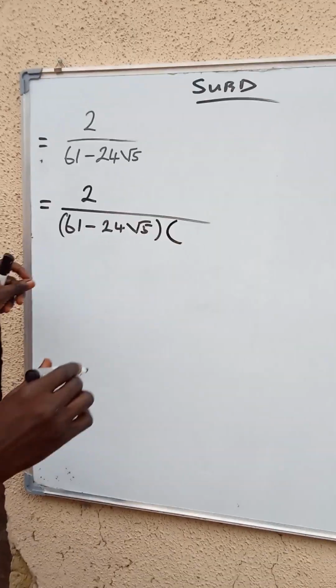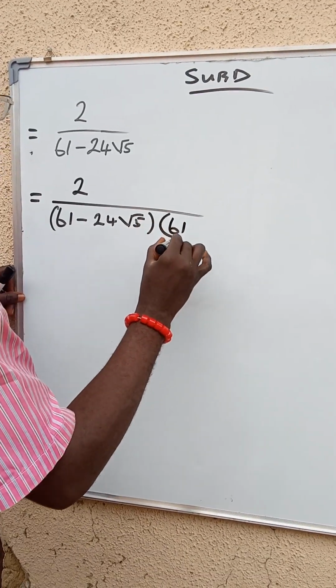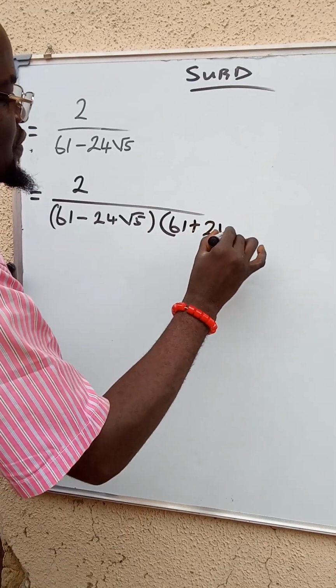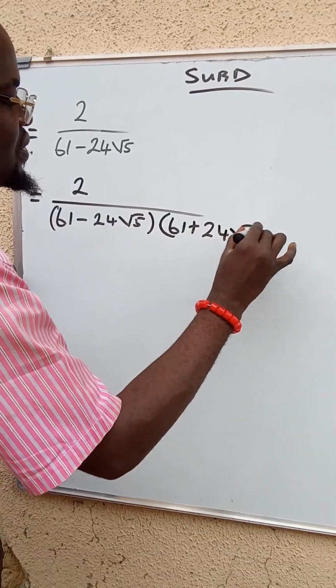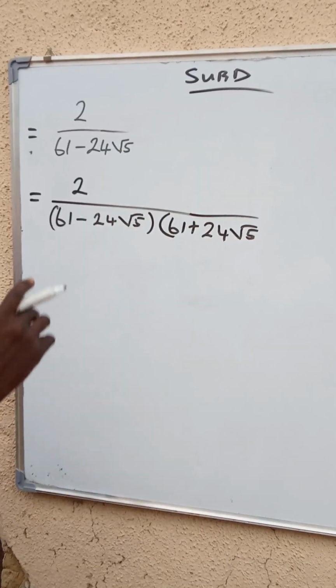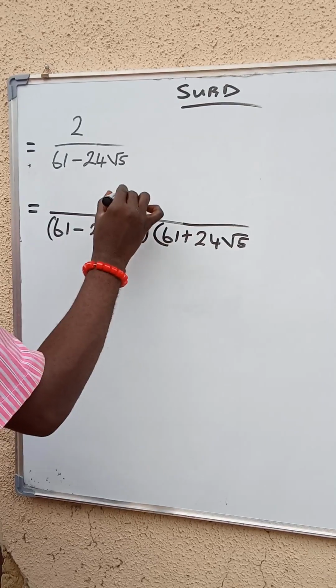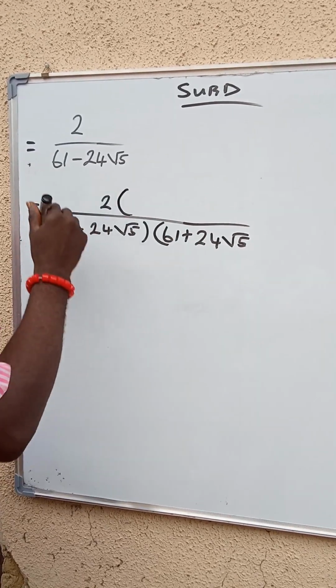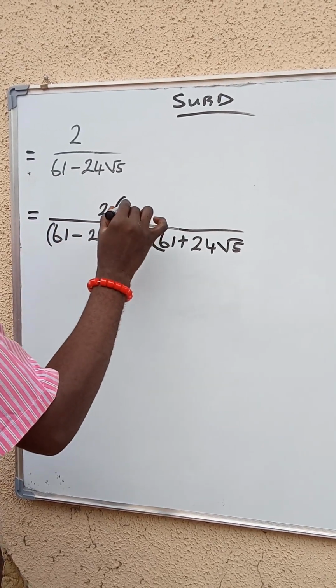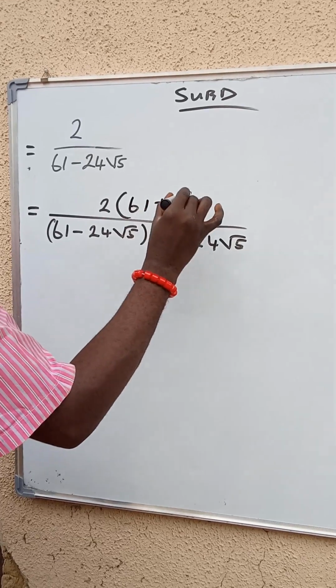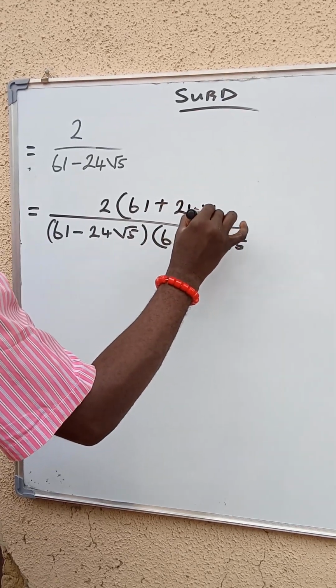Then open the bracket. 61 plus 24 root 5. Right? You can bring your 2 to this numerator here. Then the same thing will happen to the numerator, which is what? 61 plus 24 root 5.